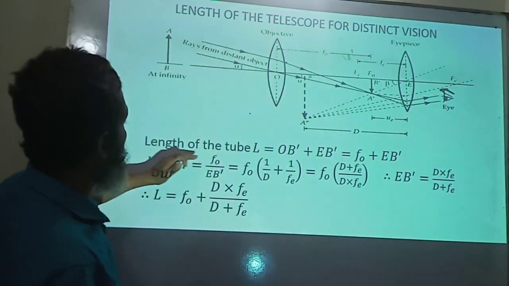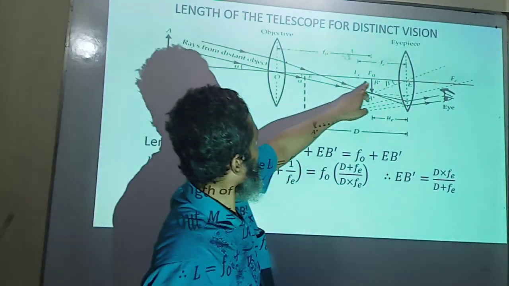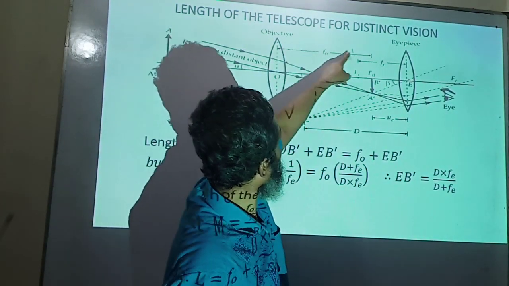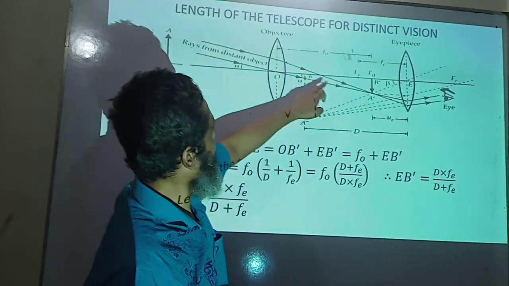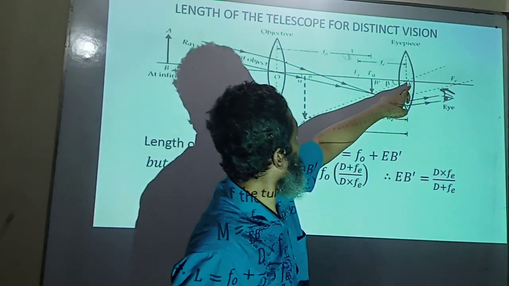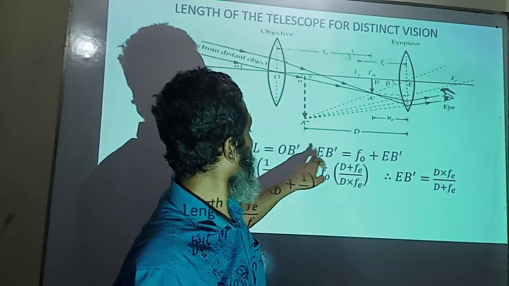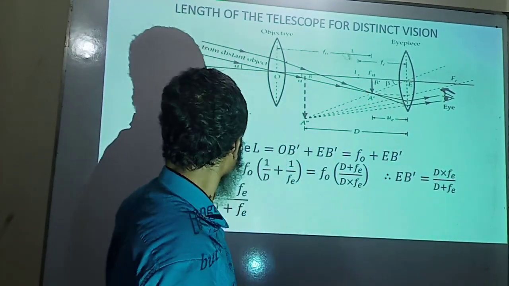Let us see here, length of the tube L is equal to, look at this here, O B prime plus E B prime. O B prime is equal to f naught, so L is equal to f naught plus E B prime.